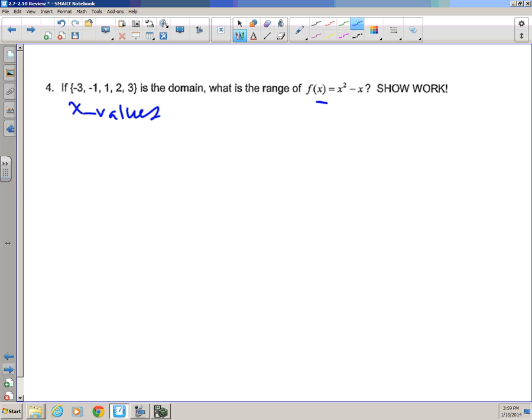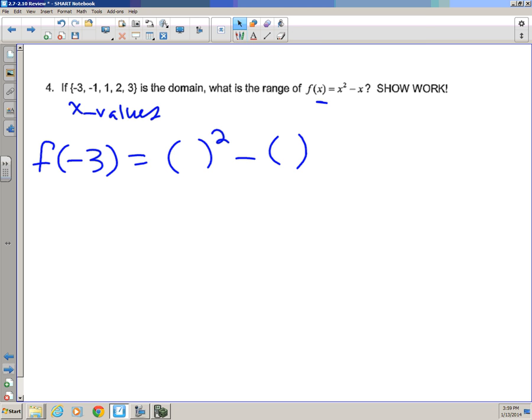When we evaluate the function at -3, the rule says x squared minus x. I stick in a -3 wherever I see an x. -3 squared is 9, and 9 minus -3 becomes 9 plus 3, or 12.